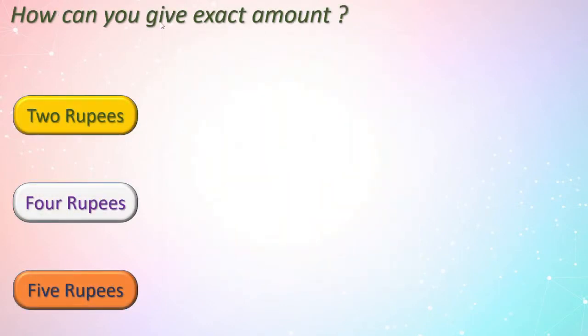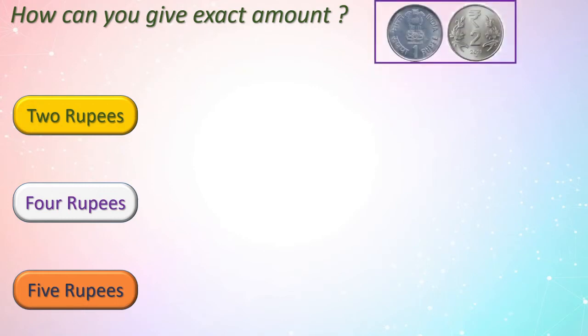Now, how can you give the exact amount? Assume that you have only one rupee coins and two rupee coins. Then how will you give 2 rupees to your friend? He is in need of 2 rupees.